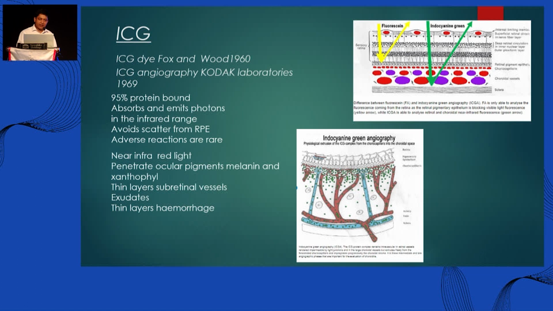And the binding capacity of the drug helps us to limit the leakage. If you really want to look at the choroid, then for certain diseases we need to have a look at the choroid. So ICG is a must. So in certain situations we do ICG and FFA together.